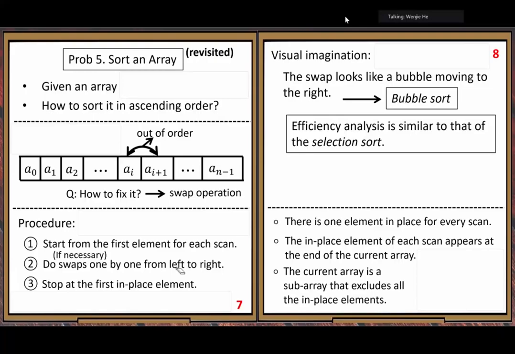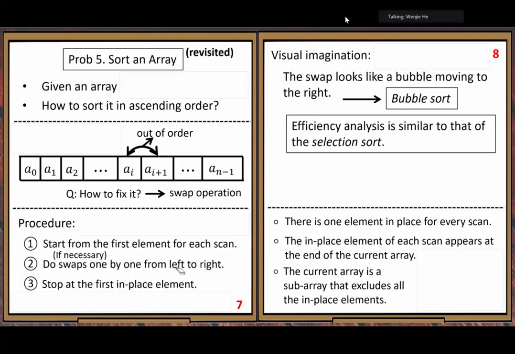But in the bubble sort, the swap is not a basic operation. Remember, the basic operation is the comparison. Comparison in the bubble sort is more important, because when we do the checking, we always need to do comparison. But swap, sometimes we do, sometimes we do not.